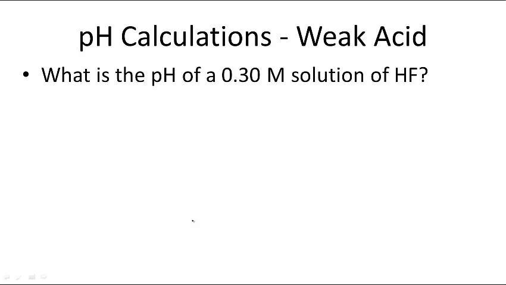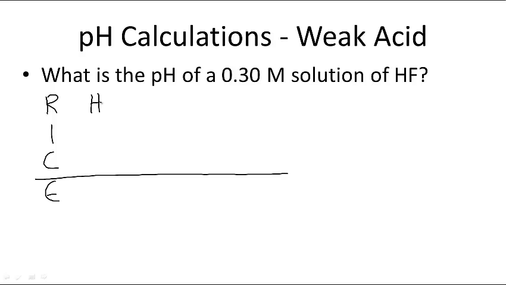So if I have a weak acid, now figuring out the concentration of H plus is not quite as simple. First I've got to write the dissociation equilibrium. For HF, my products will be H plus and F minus.